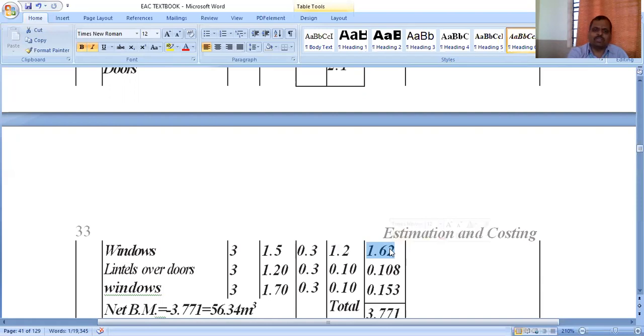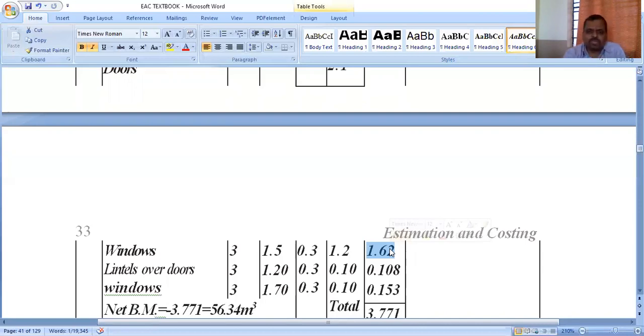In the same manner, we have to find the deduction for the lintels over the doors and the lintels over the windows. Above the window we are going to place the lintels. The thickness of the lintel will be 0.1 meter, whereas the width will be 0.3 meter, equal to that of the brickwork.